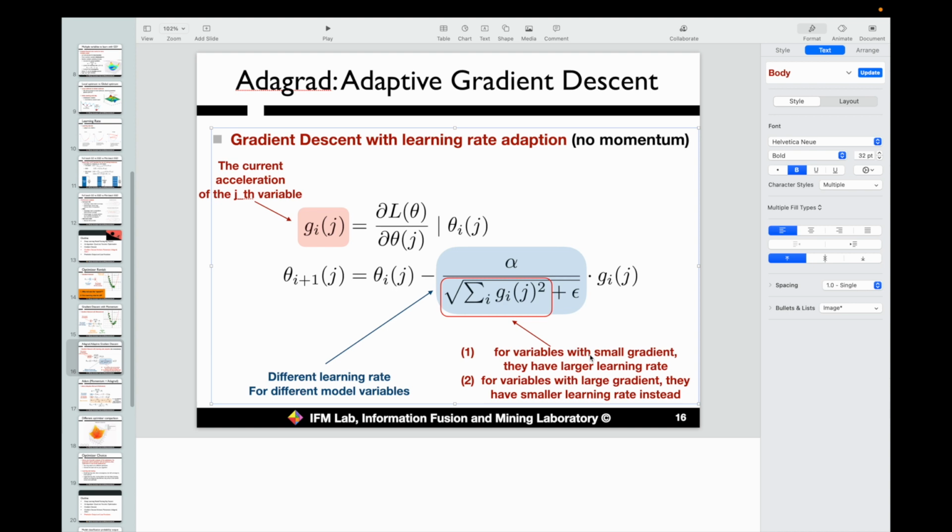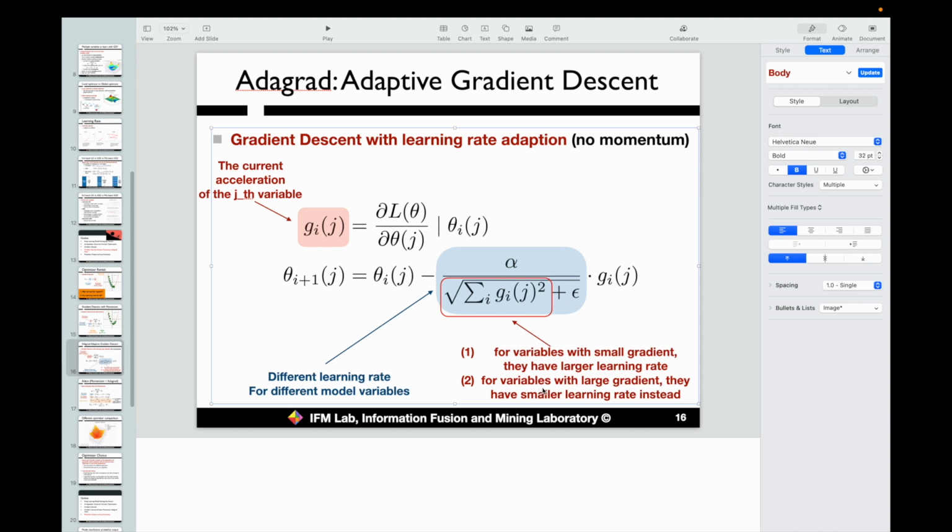The way we do it here is to divide this alpha by its gradients. If the gradient is so small and we further divide by it, then we can enlarge the learning rates for such variables, right? So for the variables with small gradients, we can enlarge the learning rates by dividing this alpha with the historical gradients.